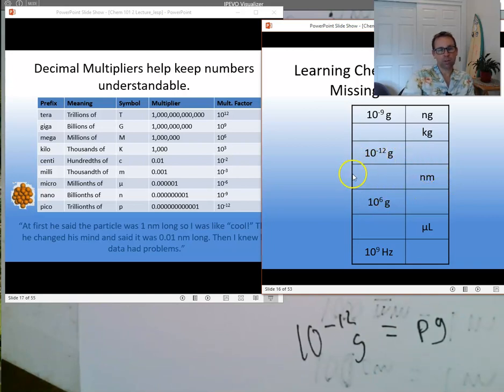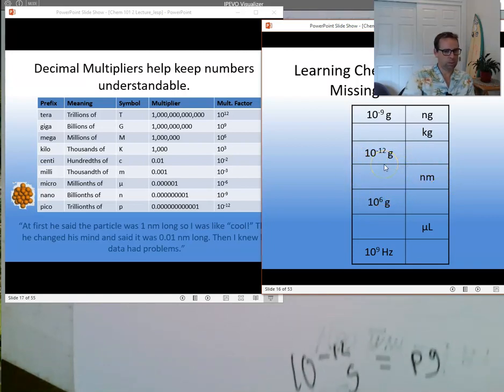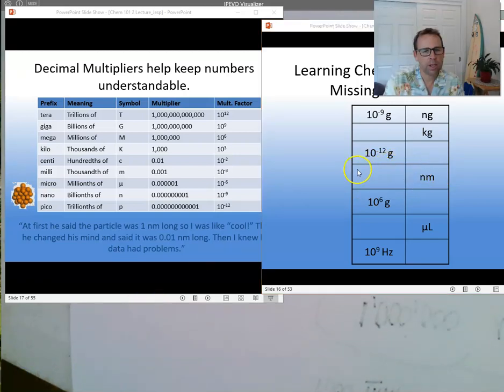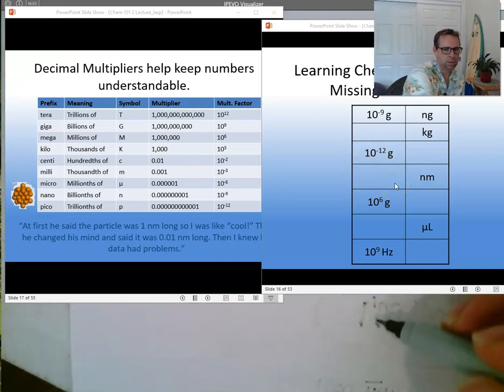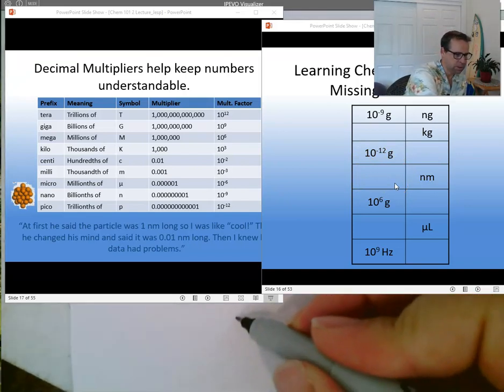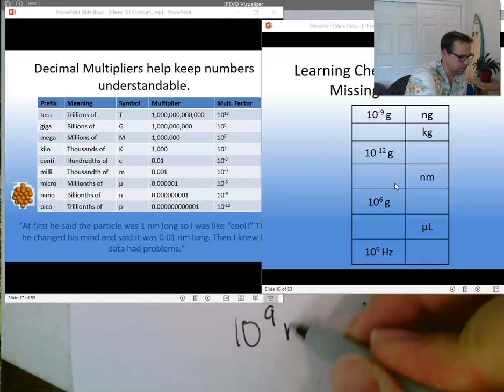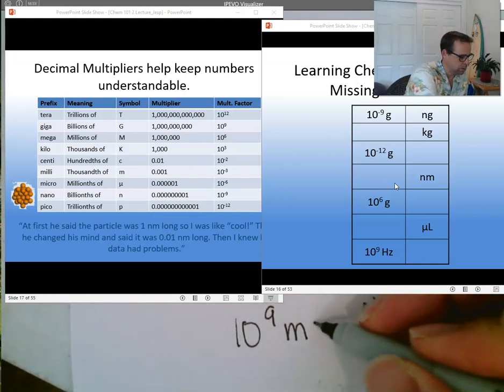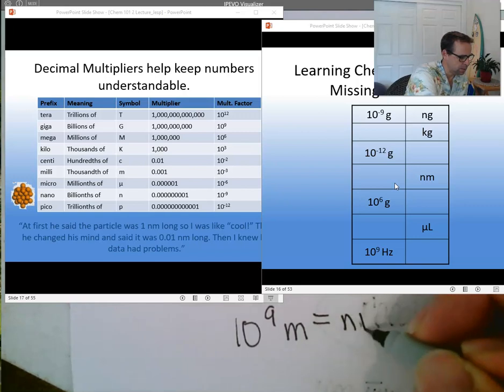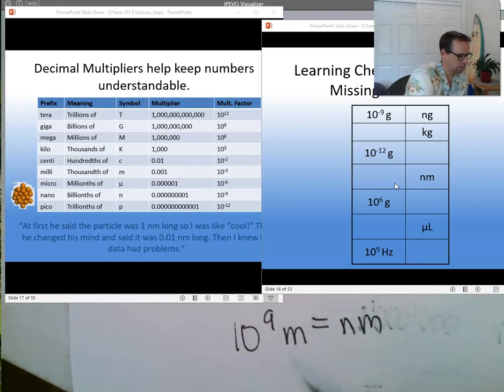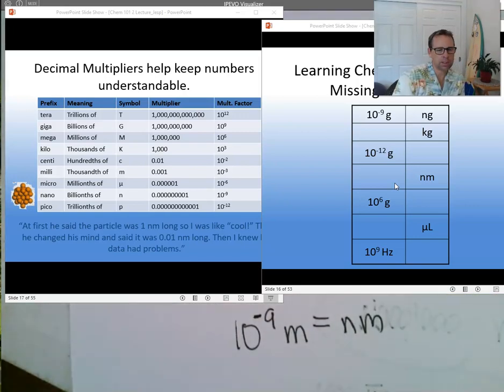How many meters are in a nanometer? You froze. Okay, how many meters in a nanometer? 10 to the 9. Very good. Not 10 to the 9th, but 10 to the what? Very good. 10 to the minus 9 meters for every nanometer.